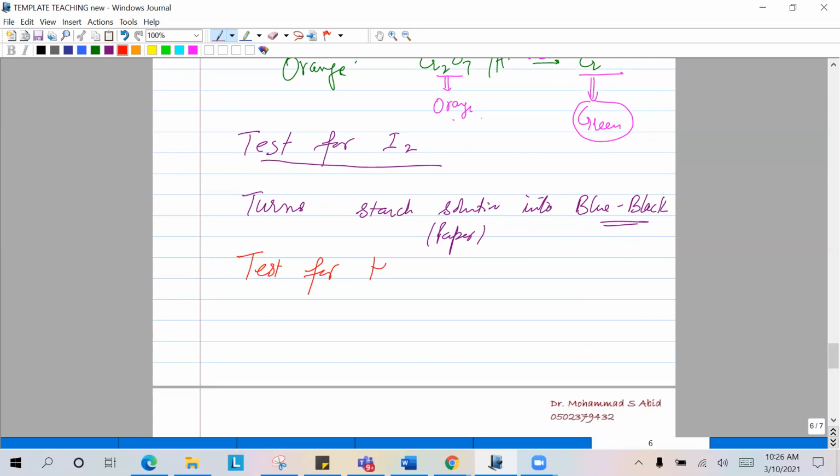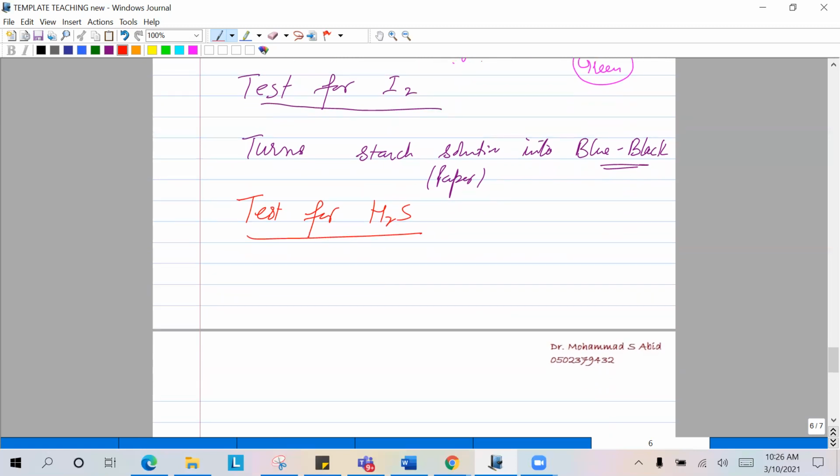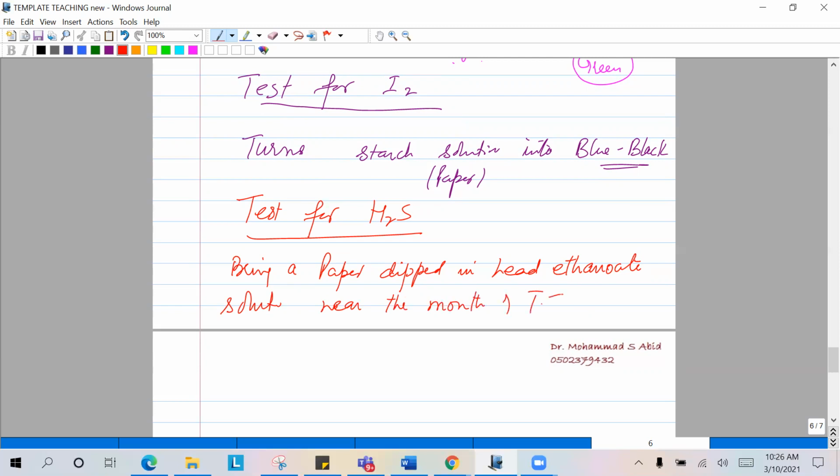The test for H2S. Now, test for H2S is you bring a paper dipped in lead ethanoate solution near the mouth of the test tube.